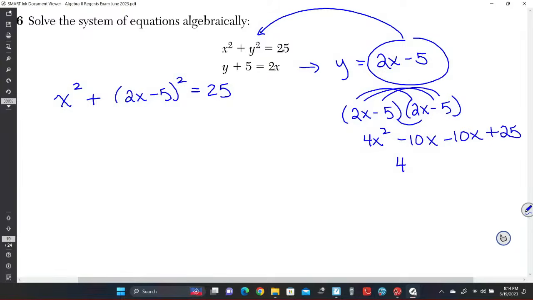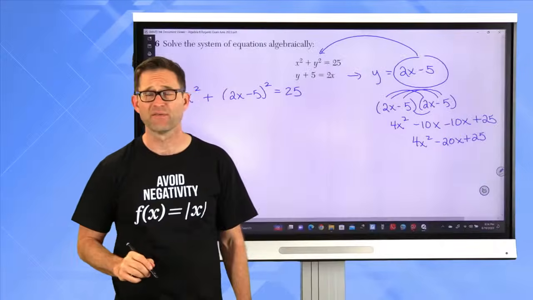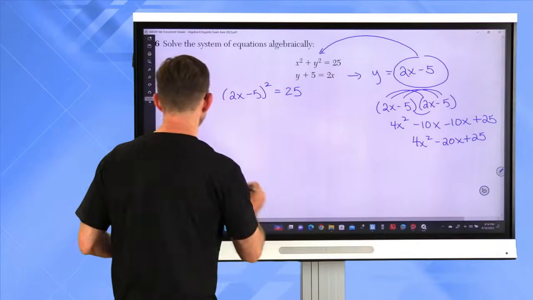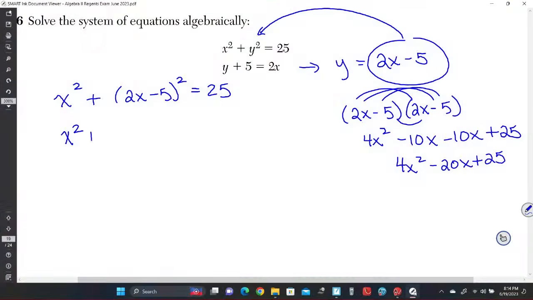So all of that is going to be 4x squared minus 20x plus 25. And that's just the 2x minus 5 squared. That's just this part of solving that equation. So I'm going to get x squared plus 4x squared, whoops, not minus 10, Kirk, minus 20x plus 25 equals 25.